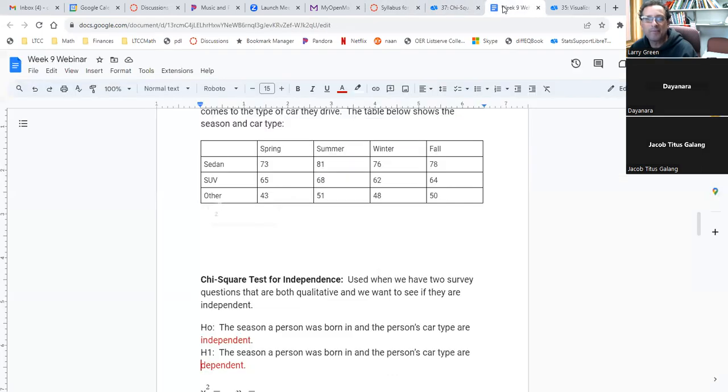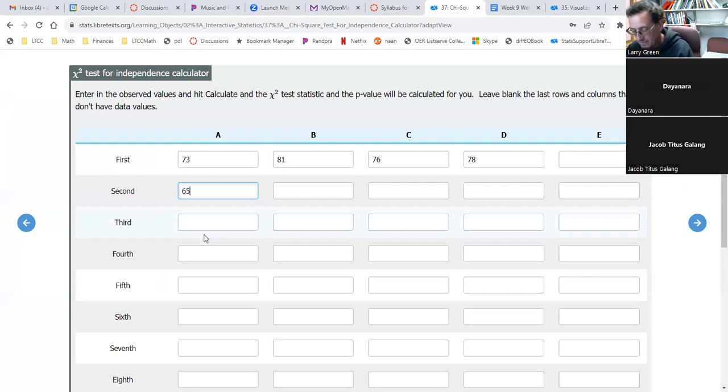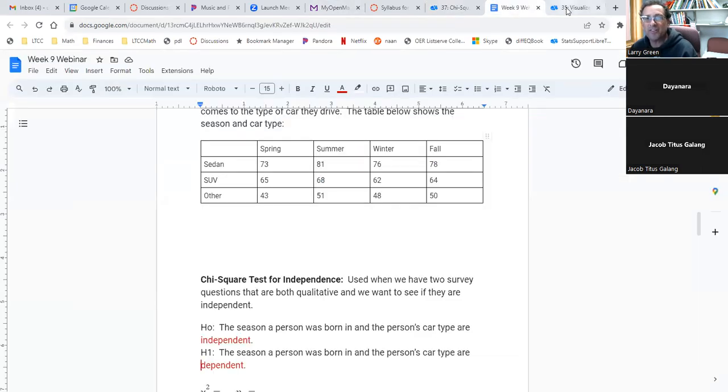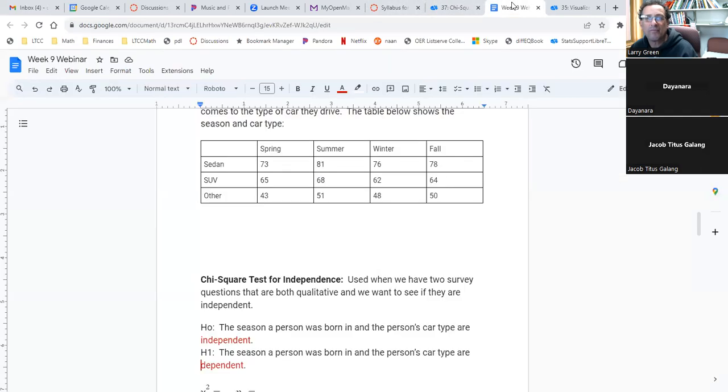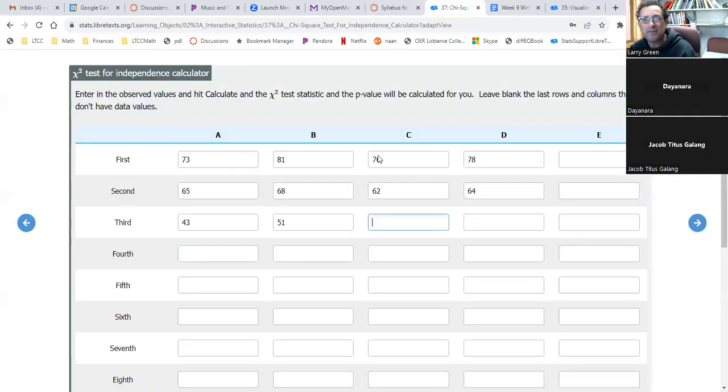The second row will be 65, 68, 62, 64. And then the third row will be 43, 51, 48, 50.